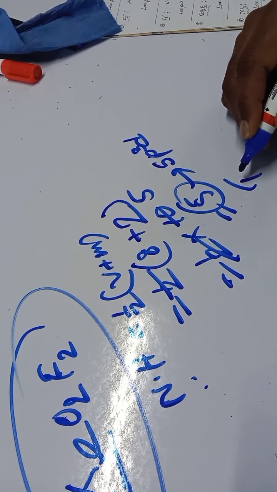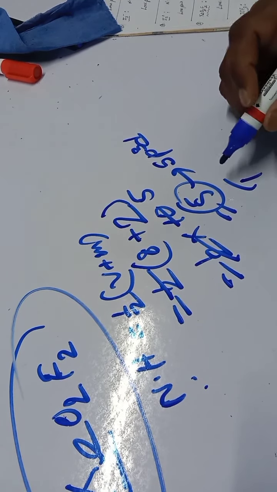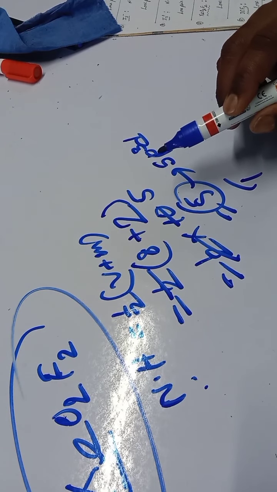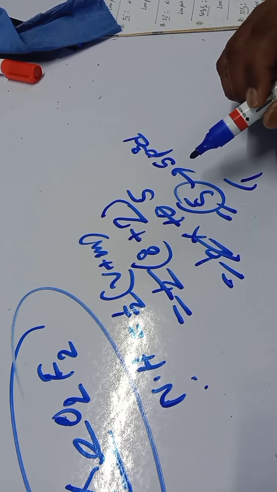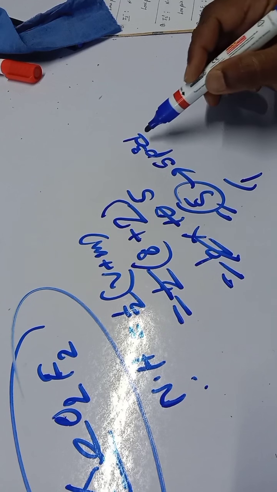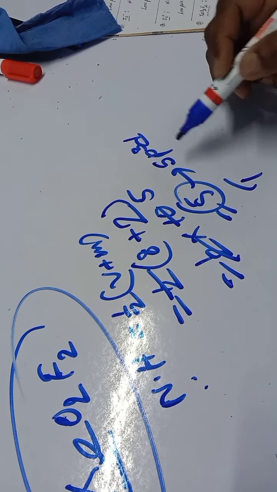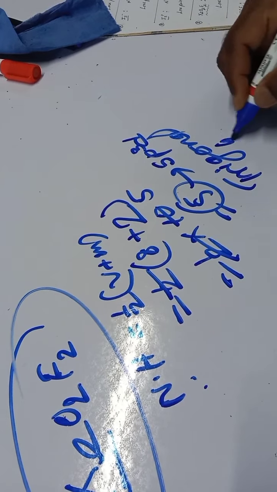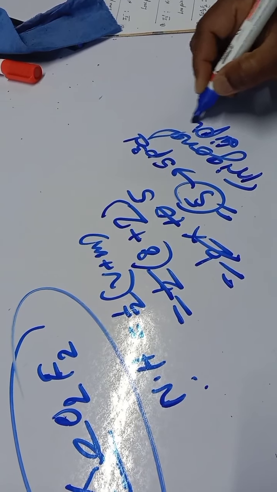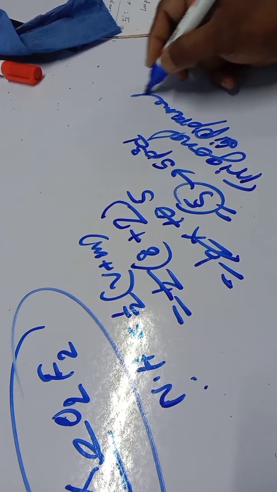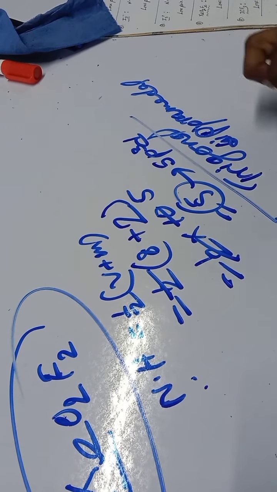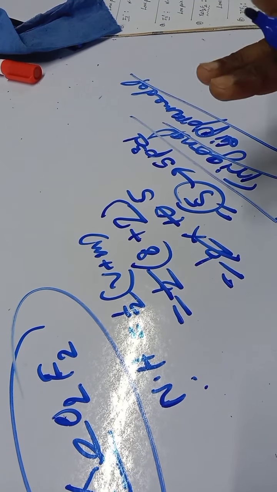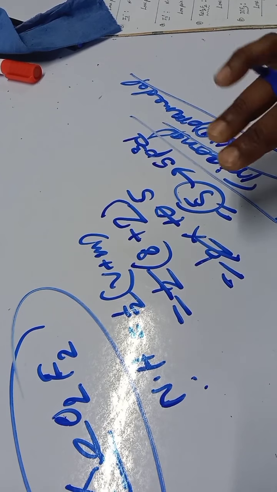It is trigonal, not tetragonal. sp3 is called tetrahedral, but sp3d is trigonal bipyramidal.